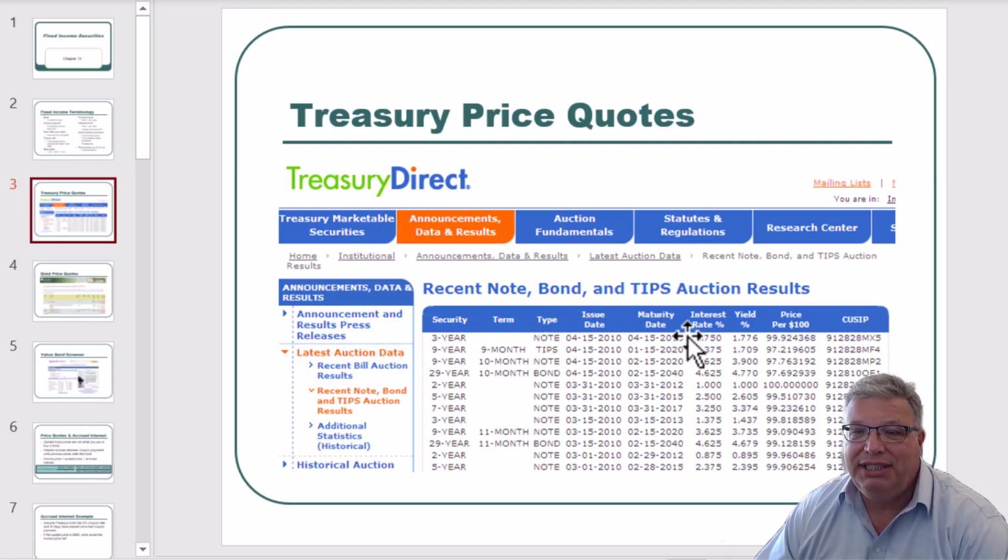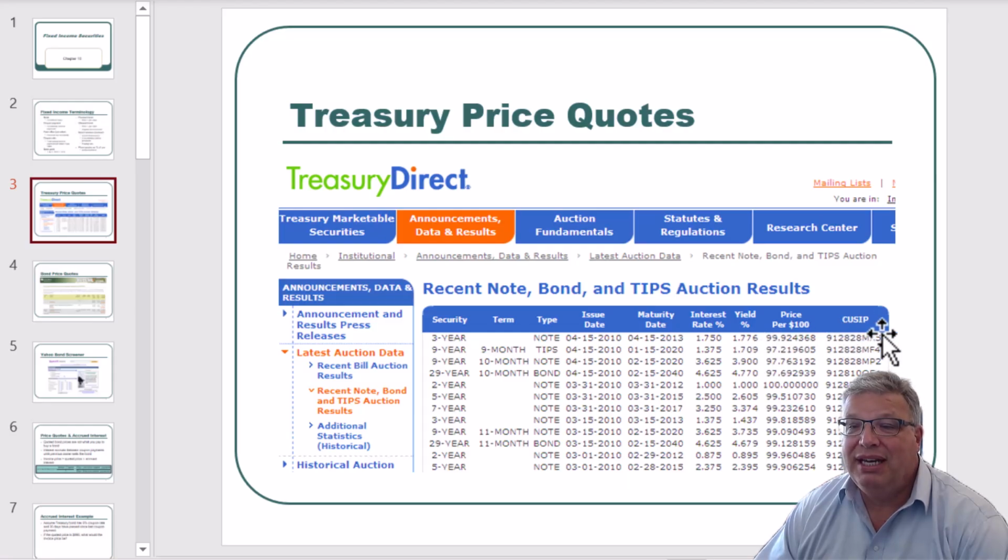Issue date, maturity date. Here's the interest rate, the coupon rate, right here. The yield is the yield to maturity. And check out the price. It says 99.92, and up here it says per $100. So this is quoted as a percentage of par value. So it's 99.92% of $1,000. That's the quote right there.